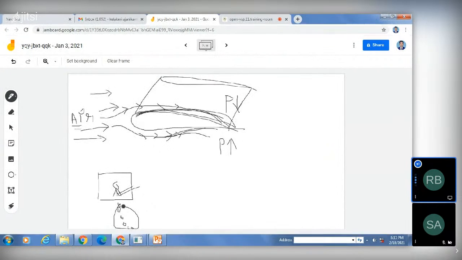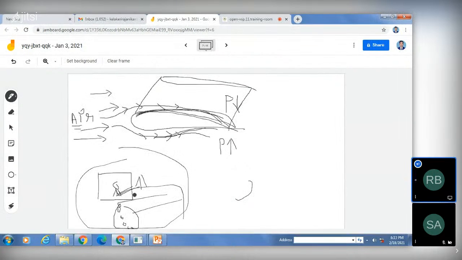In this area, pressure will be more because the work process is very slow. If this person works very fast, then there will be no pressure in this area, which means people will move fast and exit, they will go out. In this bank, there will be no pressure.